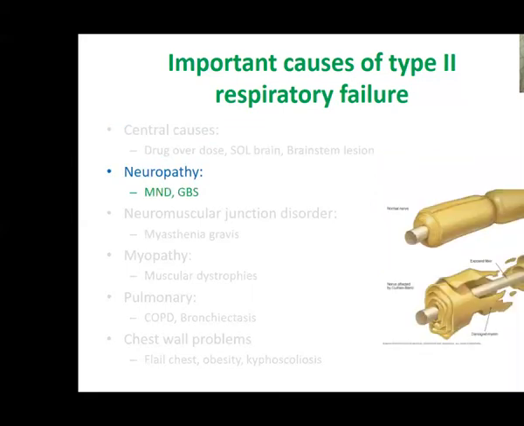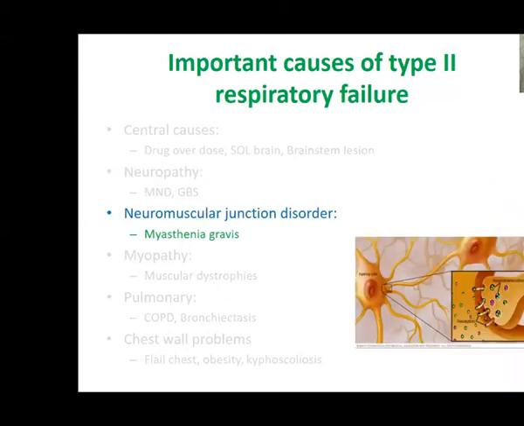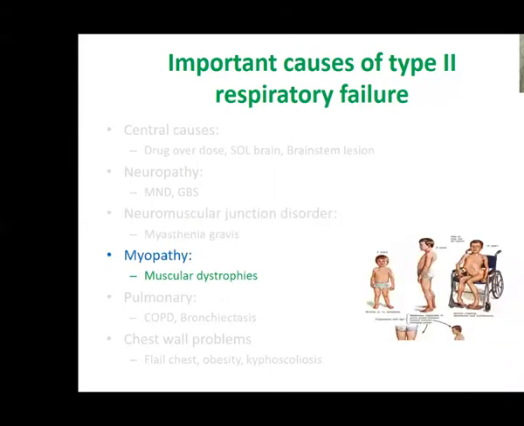Similarly, the nerves which are bringing the stimulus from the respiratory center to your respiratory muscles to make your chest move, like motor neuron disease, Guillain-Barré syndrome, neuromuscular junction disorders like myasthenia gravis, and myopathies where muscles are damaged or weak.